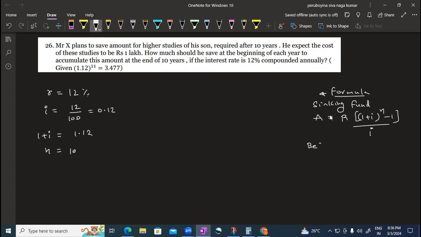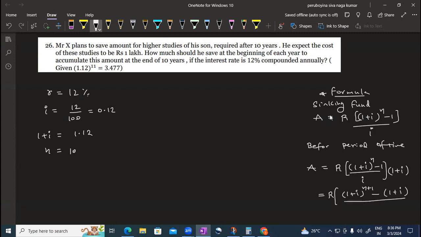If he is paying before the period of time, then amount A is equal to R of 1 plus I whole power n minus 1 by I, with one installment extra, that means multiplied by 1 plus I. Sometimes the same thing is represented as R of 1 plus I whole power n plus 1, because 1 plus I whole power n into 1 plus I is 1 plus I whole power n plus 1, and then minus of 1 plus I. I just multiplied that.